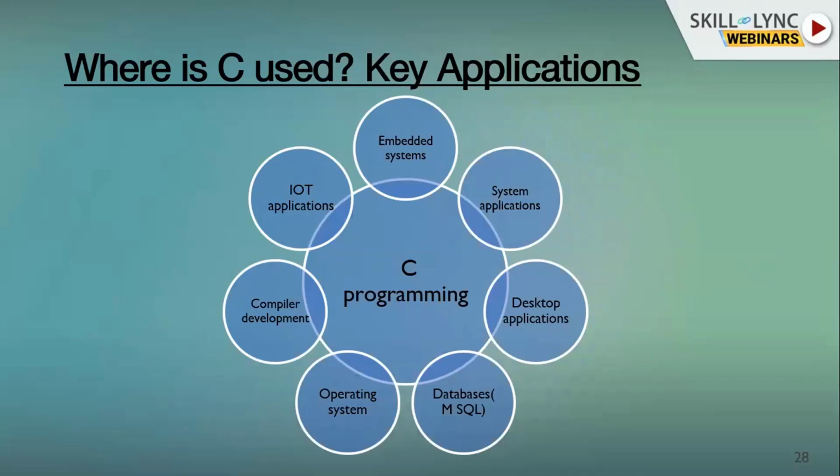C programming is used in embedded systems, system applications, desktop applications, databases, operating systems, compiler development, and IoT applications. Basically, where we need safety critical applications, better performance, efficient memory utilization, better portability, or faster execution, there we use C programming.